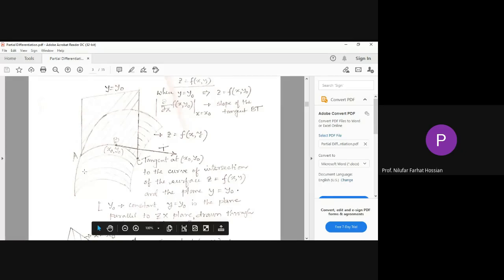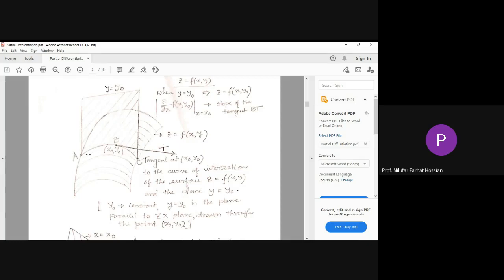This one is the surface, which is represented by z equal to f of x, y, and this is the plane in three dimensions. This is the plane y equal to y naught, which is parallel to the zx plane. If this plane intersects the surface z equal to f of x, y, you will get a curve. ABC is the curve of intersection of this surface and this plane.